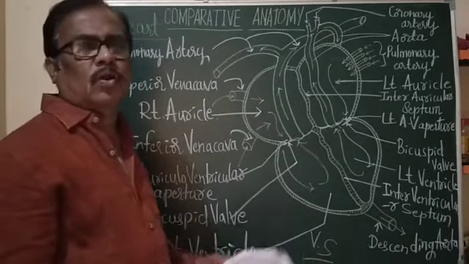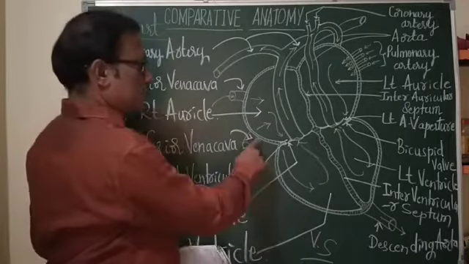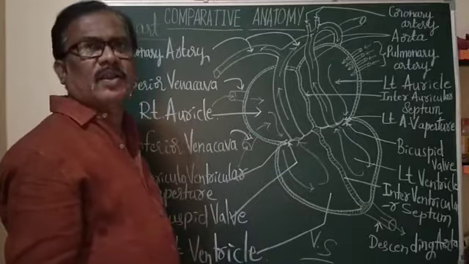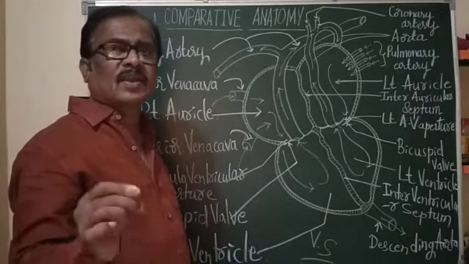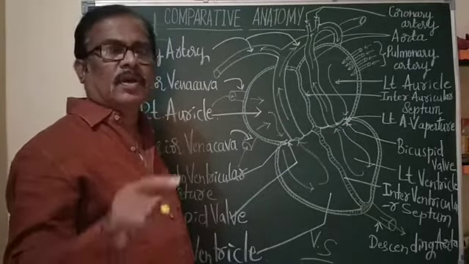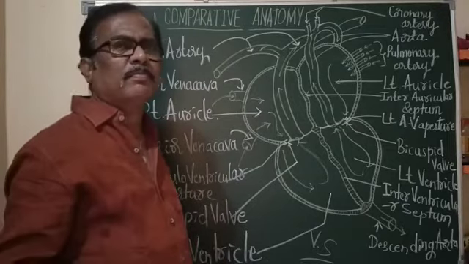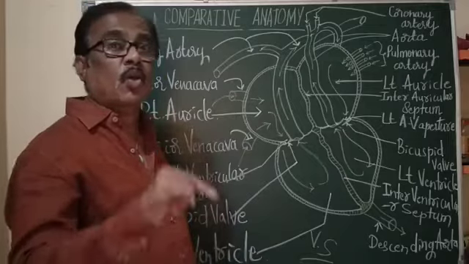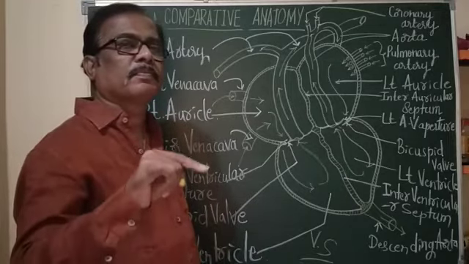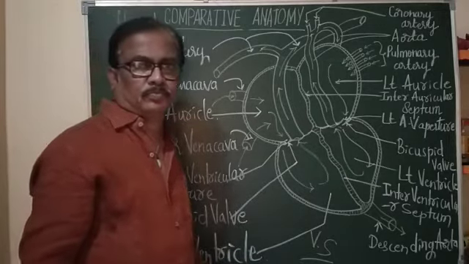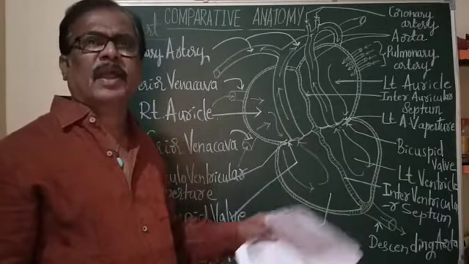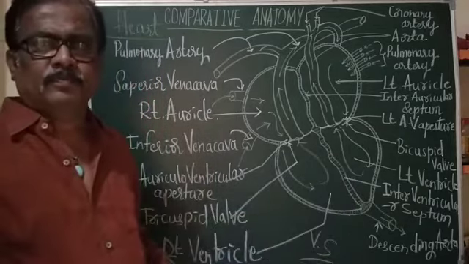So the heart wall has 3 layers: inner endocardium, middle myocardium, and outer pericardium.